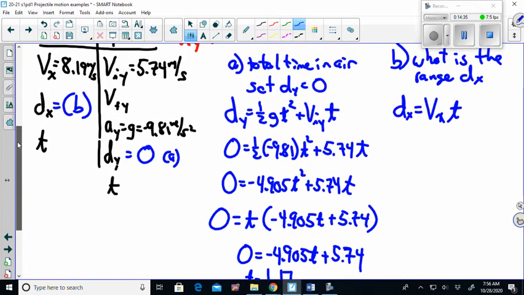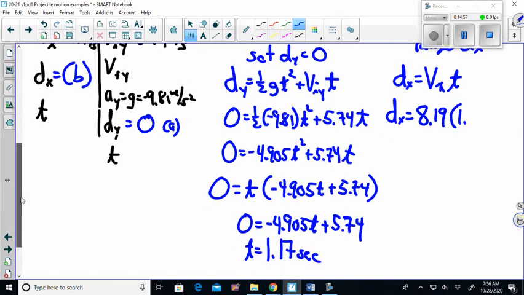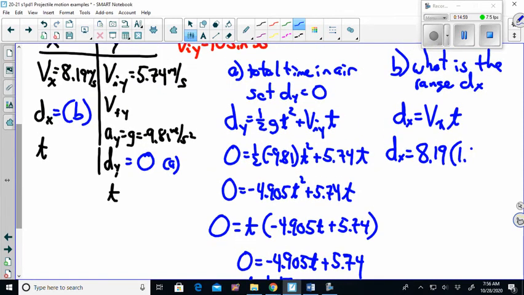And again, that's why you want to show all your work, so if it is a carryover mistake, it's easy to see. You understood what to do. You just made a calculation error someplace before. So I'm going to say dx equals vx, 8.19 times 1.17.